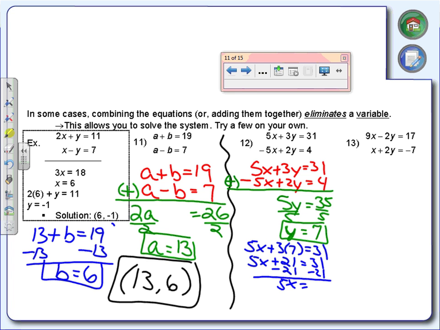What's 31 minus 21? 10. Divide by 5. And 10 divided by 5 is 2. But of course, we're going to write that as an ordered pair, and that ordered pair would be 2, 7. Write it as an ordered pair.